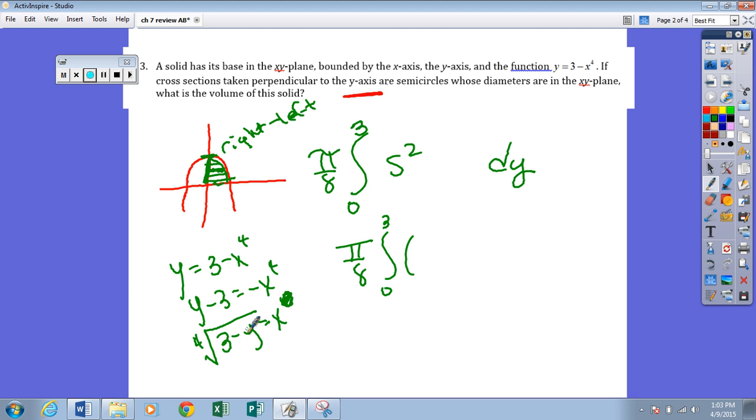And I need to take this curve minus 0, and then I need to square it because we're doing a cross-section formula. So it's the 4th root of all of this and then squared. And it does say to actually find the volume of the solid. So from here, I would do Math 9 in the calculator and get all that typed in, and you will be good to go.